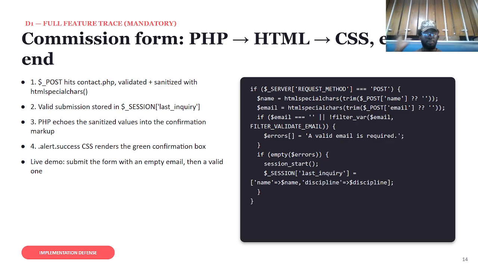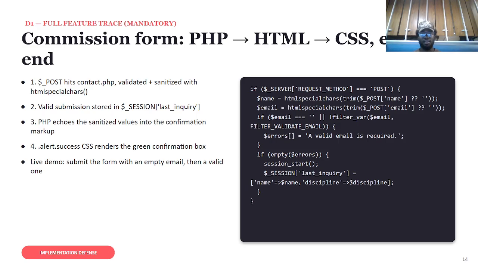Layer one, PHP: the contact PHP checks if the request method is POST, pulls name, email, discipline, and message out of the POST, trims and runs each through htmlspecialchars, and then validates them. The name and message cannot be empty, as you saw. Email has to pass filter_var with FILTER_VALIDATE_EMAIL. If every check passes, it starts a session and stores the name and discipline in a session, last inquiry.